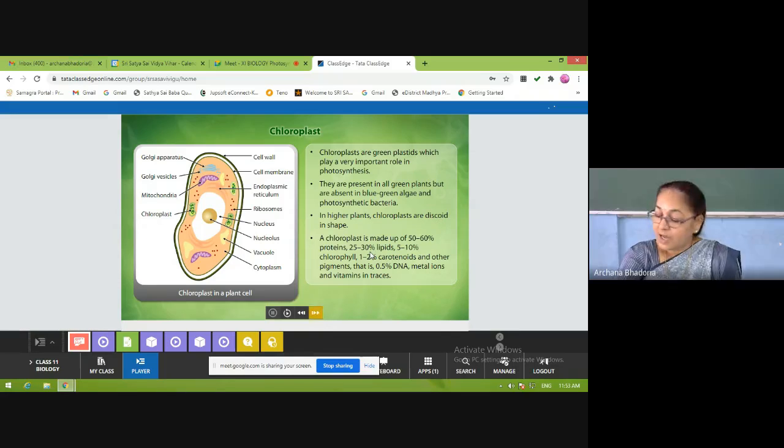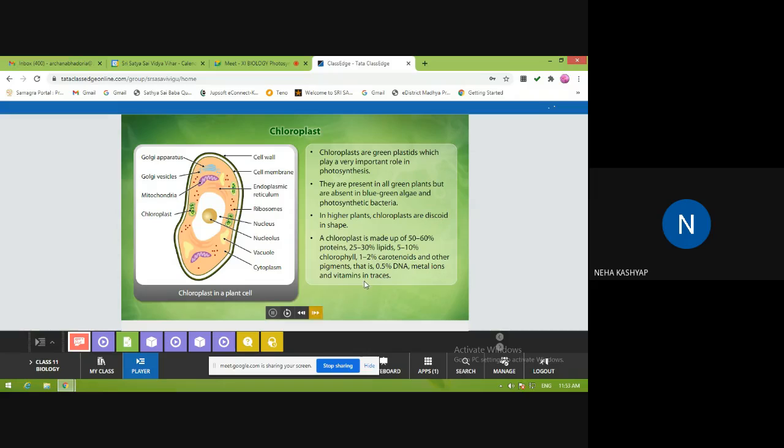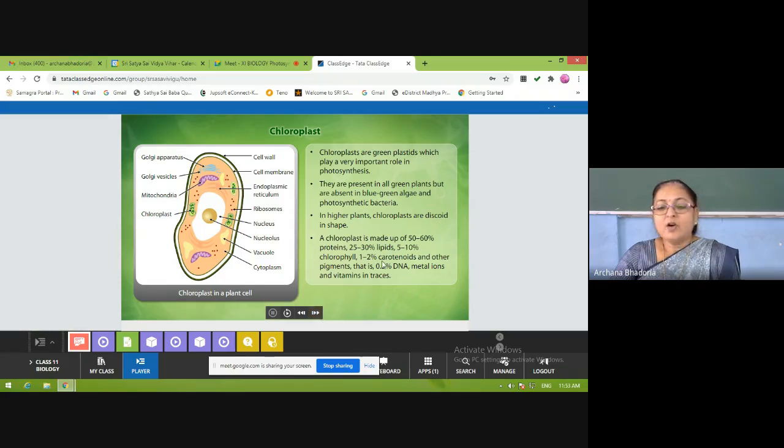So you have just added that in higher plants, the maximum number in one cell, that is the range, will be 20 to 100. Now the chloroplast is made up of 50 to 60% proteins, 25 to 30% lipids, 5 to 10% chlorophyll, 1 to 2% carotenoids and other pigments.